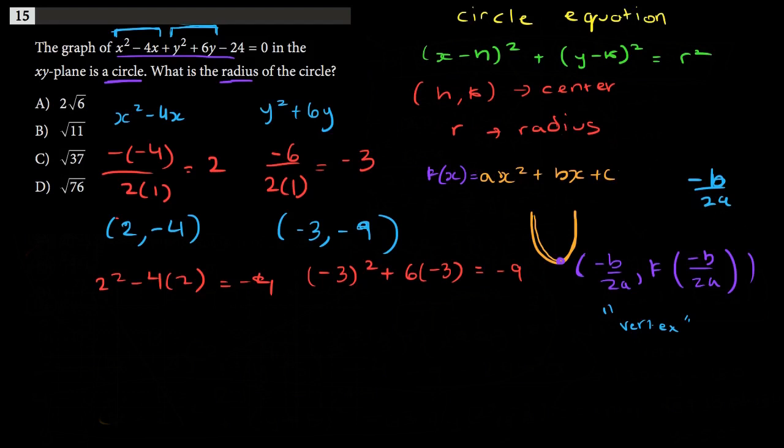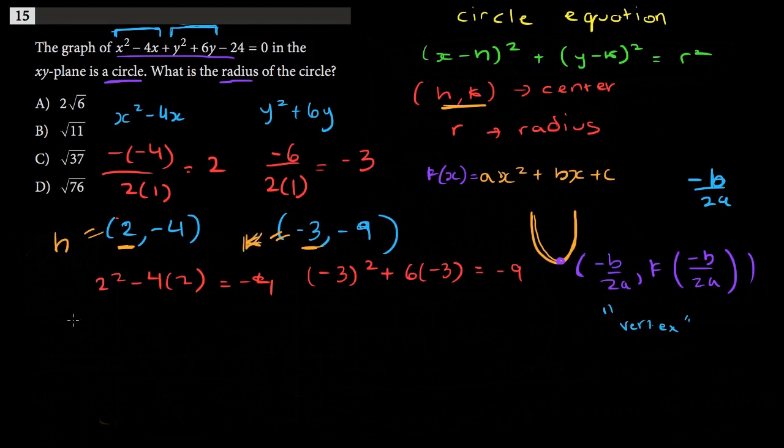What you understand, and this is the key idea here, is that this 2 and this minus 3 are actually h and k of the circle. Because this is the x, and h is associated with x, this 2 is going to be our h, and this minus 3 is going to be our k.